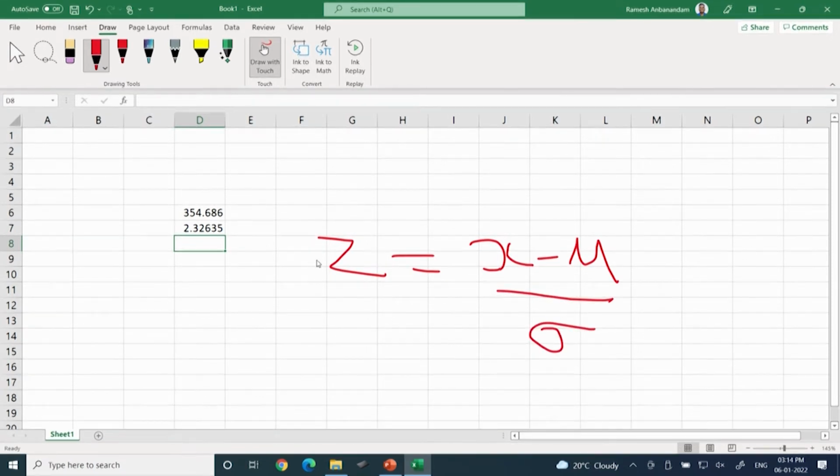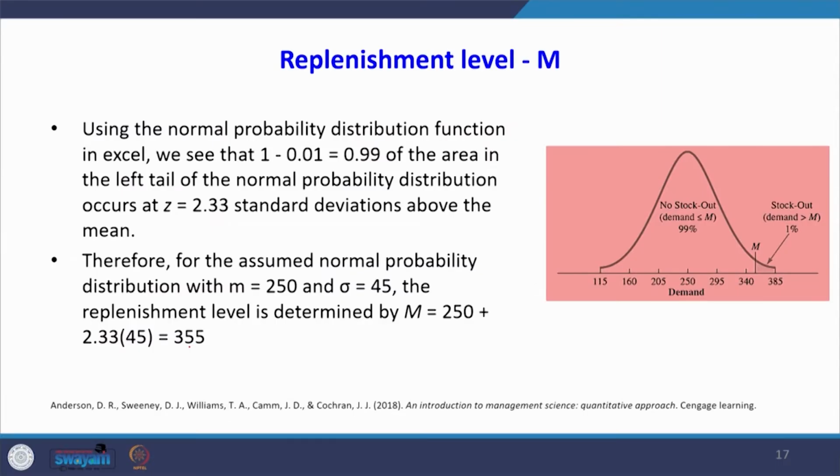We know the z value, the mu value and the sigma value. From that we can find out the value of x is 355. So, we got the value of m is 355.